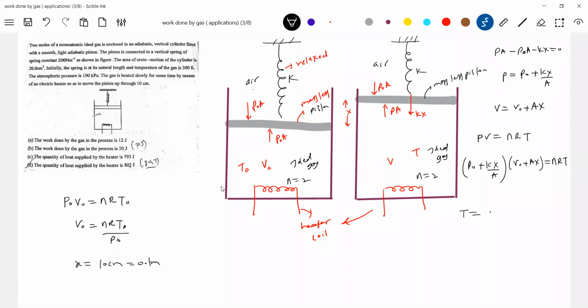So the expression for T will be just very simple, idea based. A student just has to make observation. That's all. Okay, we'll get the temperature of the gas. After getting the temperature of gas, then let's come to the work done by the gas. So what is work done by the gas? In any process, P dV. Further, the pressure you can write like this.